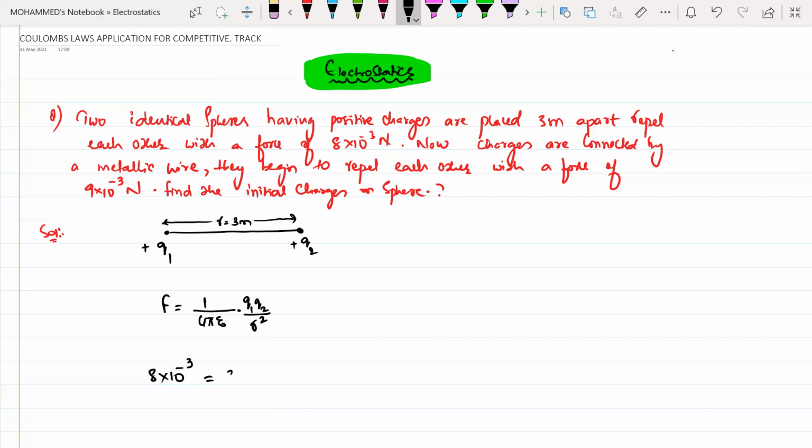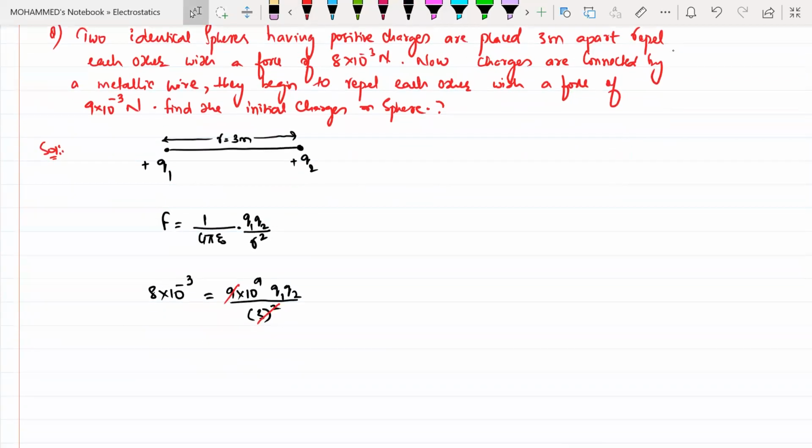And you know the value of 1 by 4 pi epsilon naught is 9 into 10 to the power of 9, into Q1 Q2 divided by R square. R is 3 meters, so 3 square is nothing but 9. So this 9 and this 9 will cancel, isn't it? From this I can get the value of Q1 Q2.